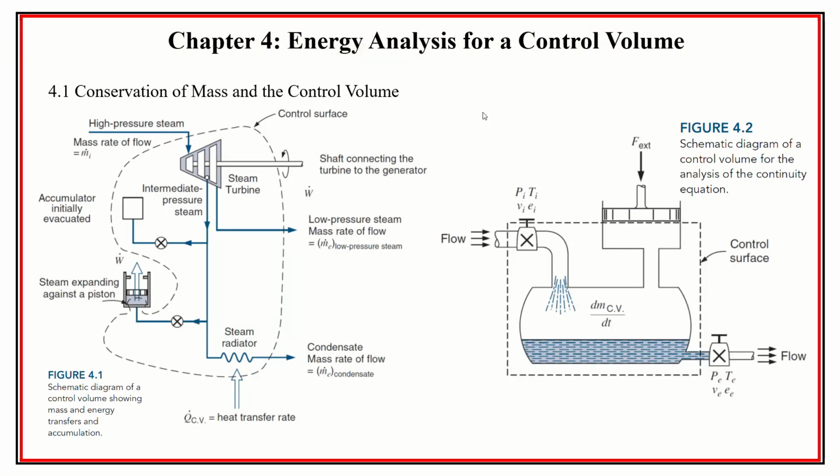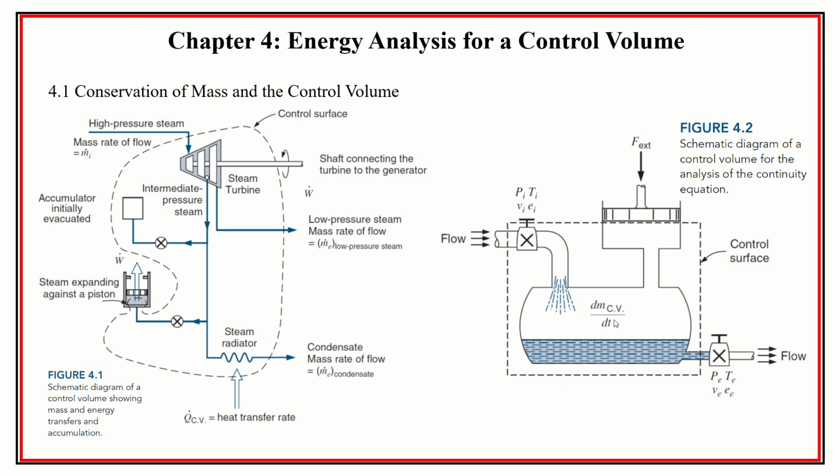We have a couple different control volumes represented by the dashed line, and we usually use that as a boundary, and we see what crosses the boundary into the control volume, and we keep track of that, both the mass and the energy.